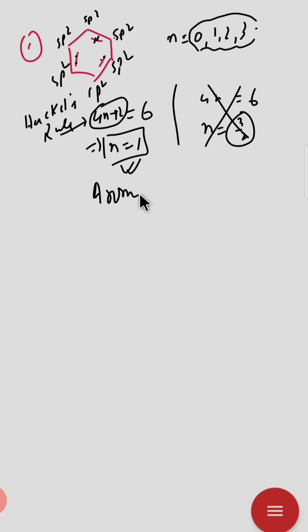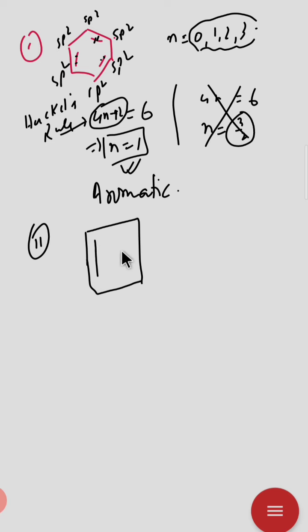So we can decide whether a compound is aromatic or anti-aromatic this way. In another example, if this is a compound, we first check whether it is cyclic and each atom in the ring is sp2 hybridized. Then we count the pi electrons.